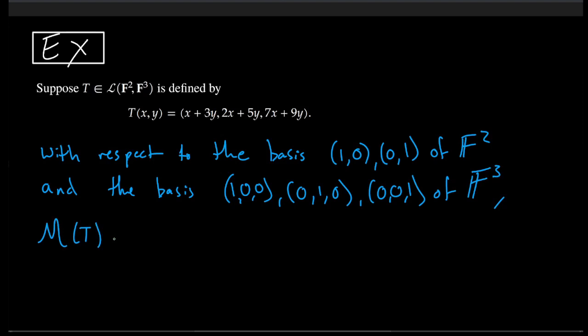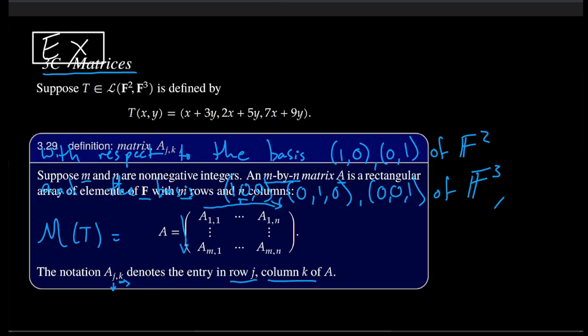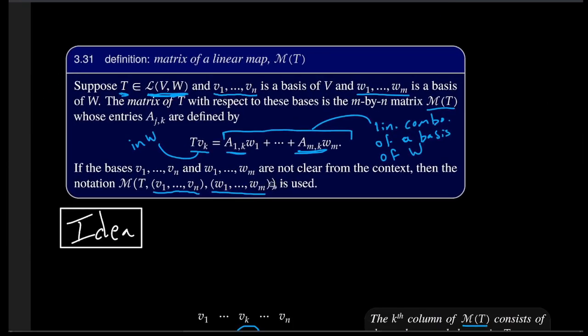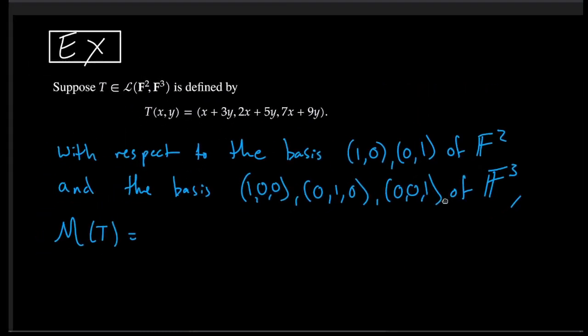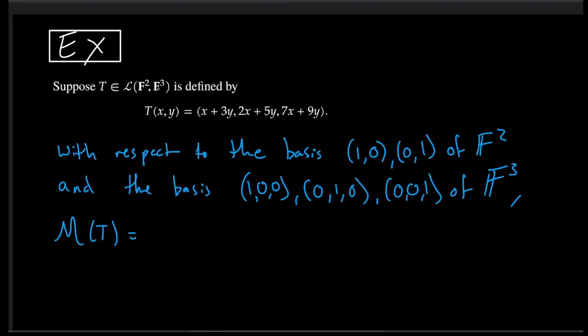this matrix is just given by, well, notice you have to specify these bases. If you hadn't specified a basis, then it would be unclear what we're actually talking about, since the matrix of a linear map is defined in terms of the coefficients you use to represent the image of a basis vector in V in terms of a linear combination of a basis of W. So if we didn't specify the bases of F2 and F3 that we're using, it wouldn't be clear what coefficients we should choose.